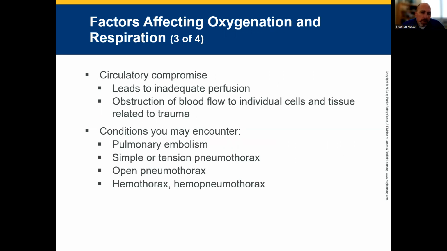All right, so circulatory compromise leads to inadequate perfusion, obstruction of blood flow to individual cells and tissue related to trauma. Some pulmonary embolisms, simple or tension pneumothoraxes, open pneumothoraxes, and hemopneumothoraxes could all be conditions that affect circulatory compromise and respiratory compromise.